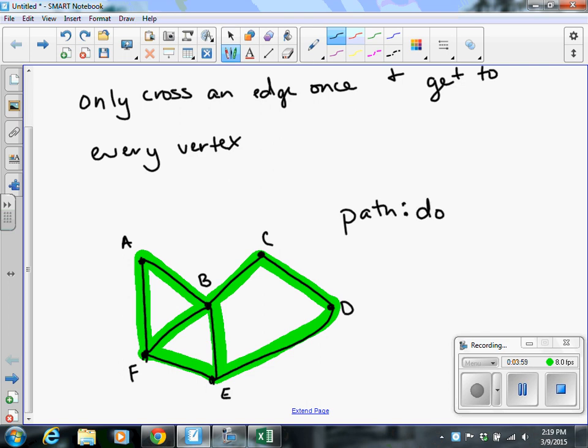So an Euler path does not matter where you start and end.